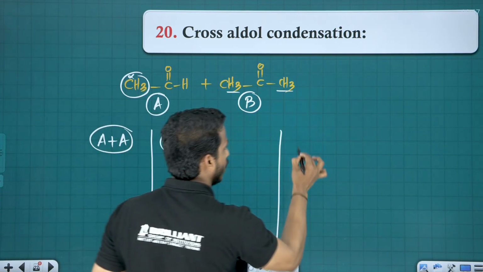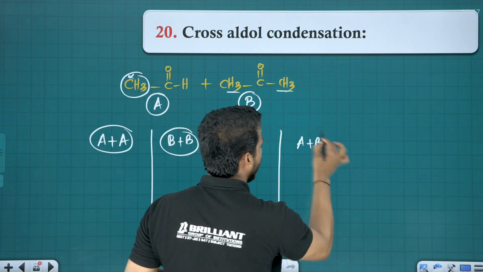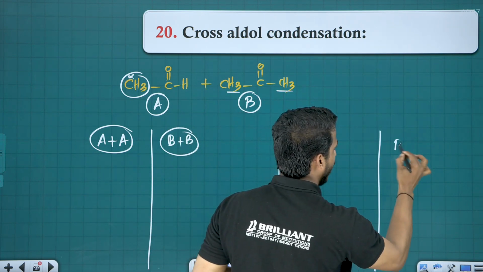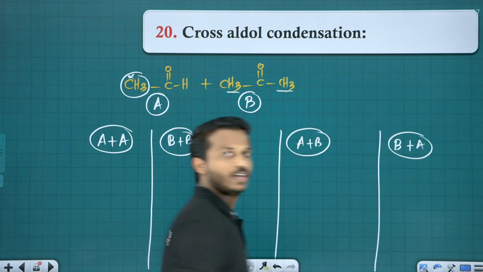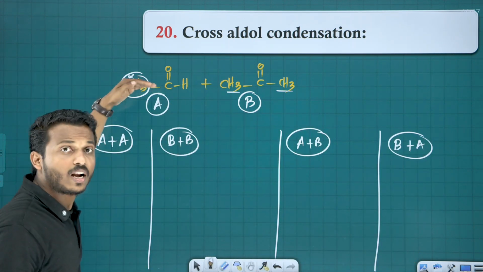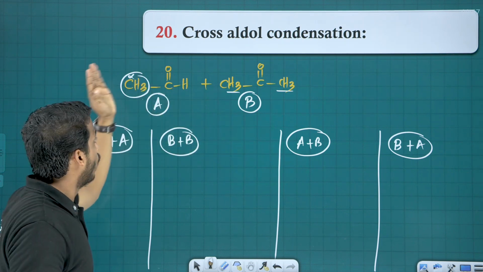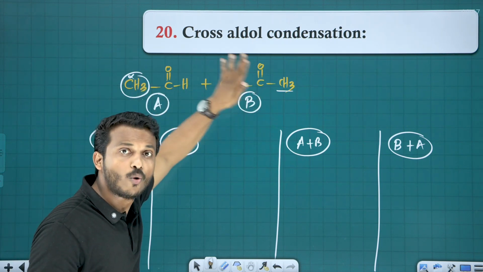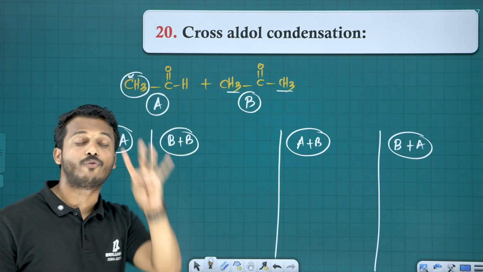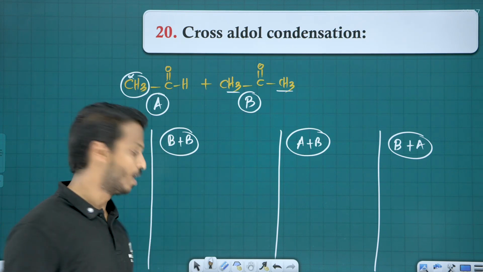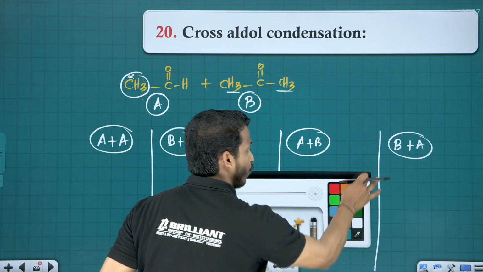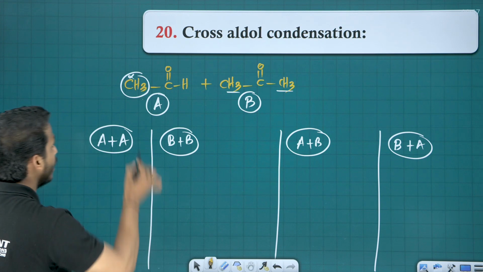Then you have the AB combination, then the BA combination. It means one ethanol reacts with another ethanol, one propanol reacts with another propanol, one ethanol reacts with a propanol, and one propanol can react with ethanol. So 4 products can be formed. I'll tell you how to write the 4 products in a simple manner, my dear.